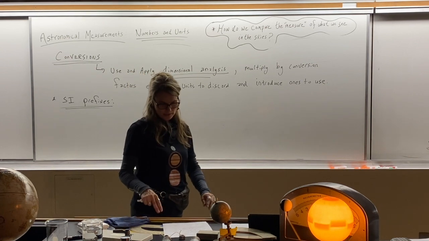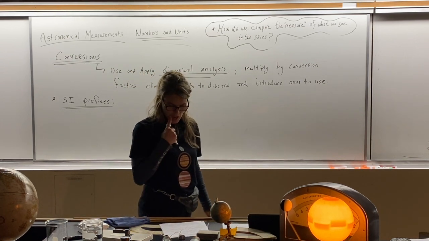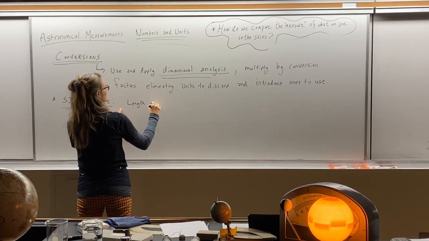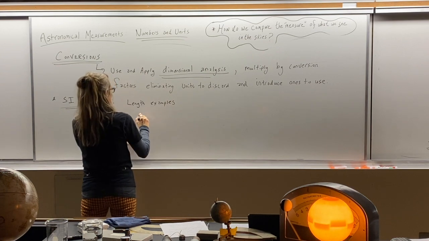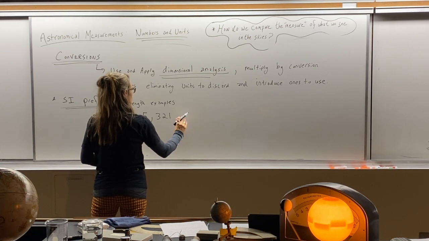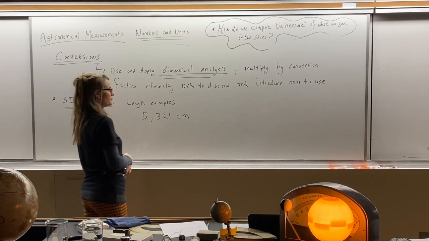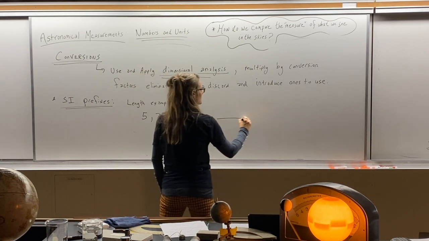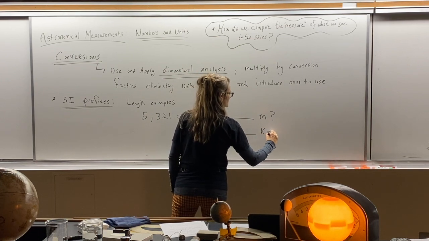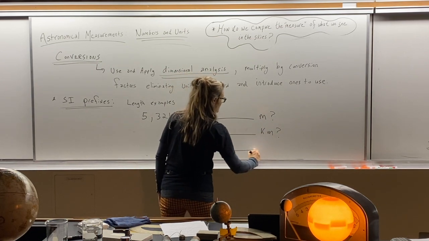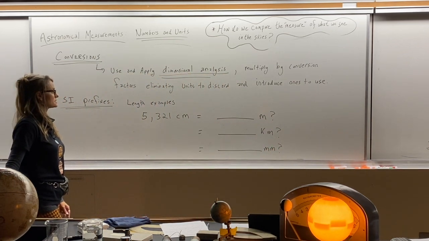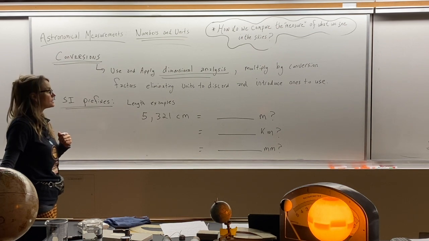So for SI prefixes, let's look at some length examples. Let's say I had 5,321 centimeters, and I want to know how many meters that is. Maybe I want to know how many kilometers that is, or how many millimeters that is, etc. The nice thing about the prefixes is they're all by powers of 10, and you can look these up.